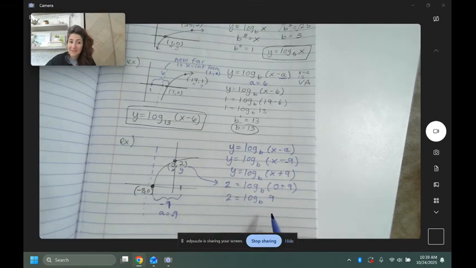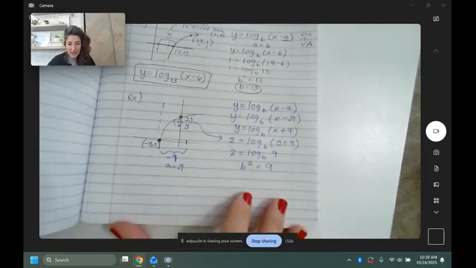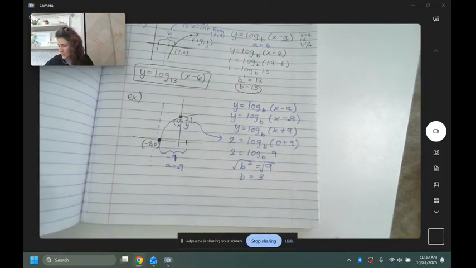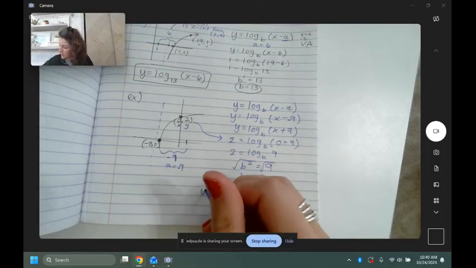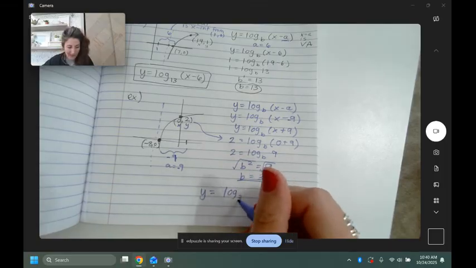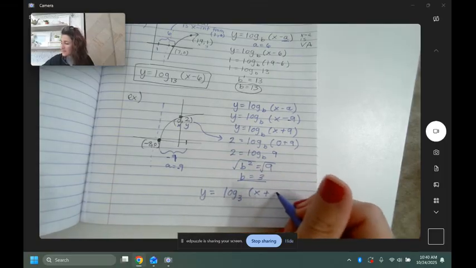If I rewrite this in exponential form, your base is b, your exponent is 2, equals 9. Square root both sides. b equals 3. And that is then your equation. So y equals log base 3 of x plus 9.